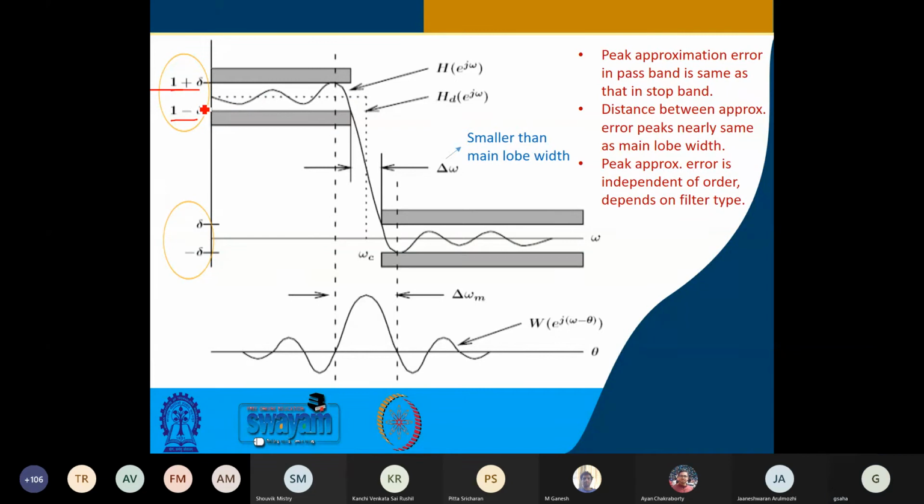So that is the range that we are talking about, 1 plus delta to 1 minus delta. And similarly, in this window-based filter design, whatever be the window, corresponding W to the power j omega will be there, and its shifting will be there and all, and these side lobes will get into the place also. So whatever variation, plus minus delta, you see, that kind of plus minus delta will be visible over here also.